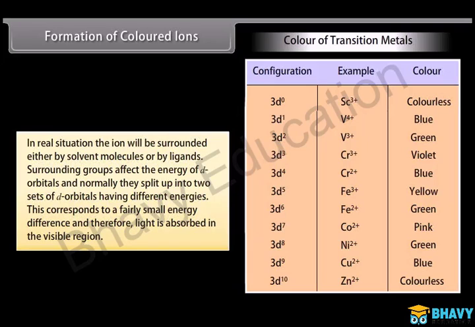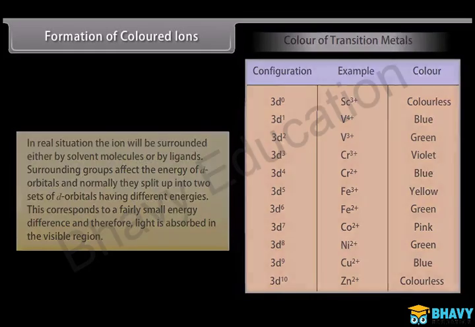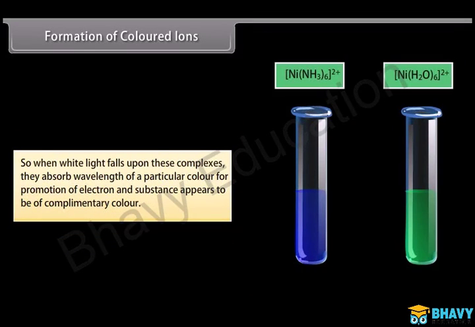Surrounding groups affect the energy of d orbitals, and normally they split up into two sets of d orbitals having different energies. This corresponds to a fairly small energy difference, and therefore light is absorbed in the visible region. So, when white light falls upon these complexes, they absorb a wavelength of a particular color for promotion of an electron, and the substance appears to be of the complementary color.